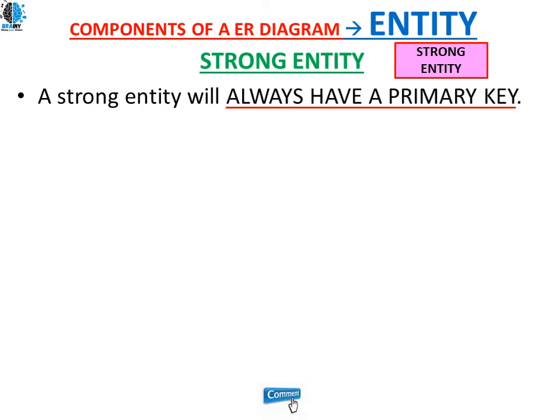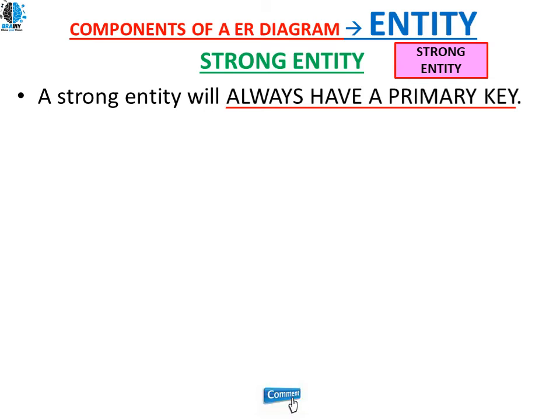Every entity, whether tangible or intangible, will be of two types: strong entity and weak entity. Here I will be telling you about strong entity. A strong entity will always have a primary key. What's a primary key? Primary key is a key which uniquely defines each row in a table.